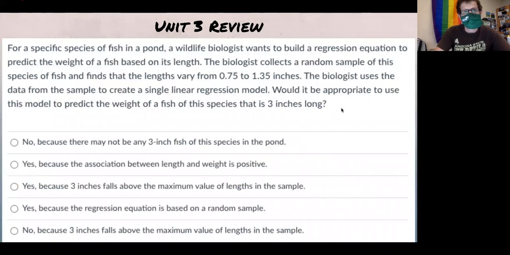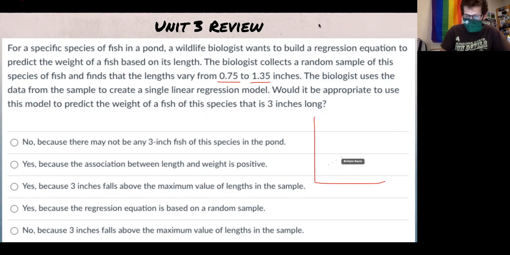All right, next question, I'll let you read through this. Okay, this entire question is dealing with the idea of extrapolation. And we can see that the actual lengths from our data vary from 0.75 to 1.35. So we're going to have a scatter plot estimating the weight based on length.